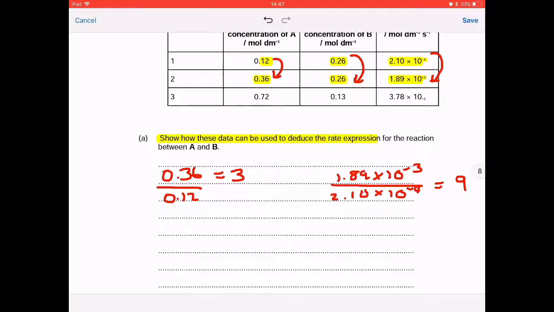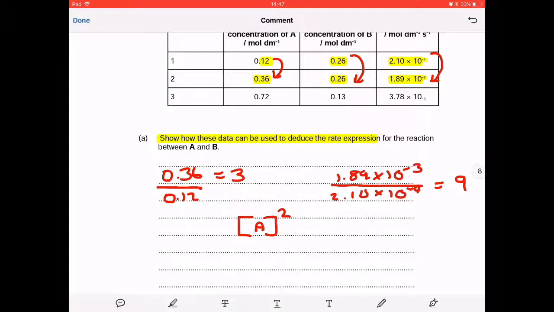So, because as you triple the concentration, the rate goes up by a factor of 9, we immediately know that A is to the order of 2, because 3 times 3, or 3 squared, is 9.